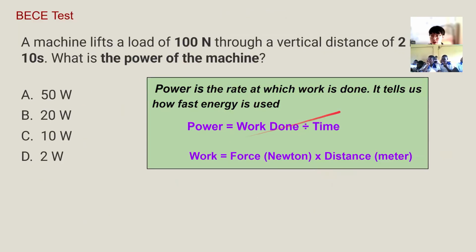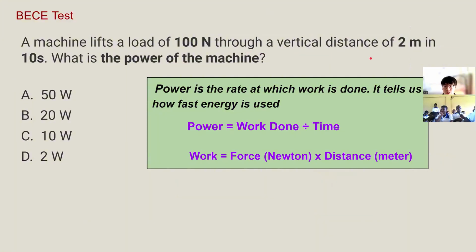Okay, so let's solve a problem together. A machine lifts a load of 100 Newton through a vertical distance of 2 meters in 10 seconds. What is the power of the machine?